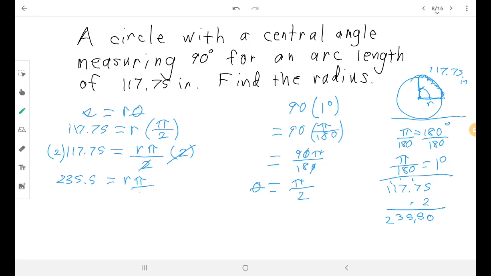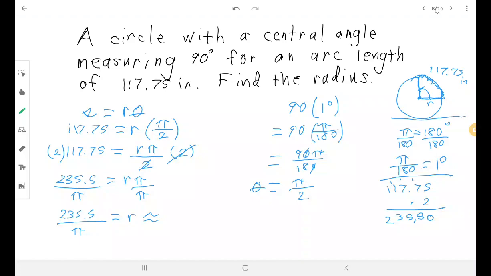And then I'm looking for r, so I'll divide by pi on both sides, trying to get r by itself. And so I've got 235.5 over pi equals the radius, which I'll put into a calculator, and we'll see what we come up with.